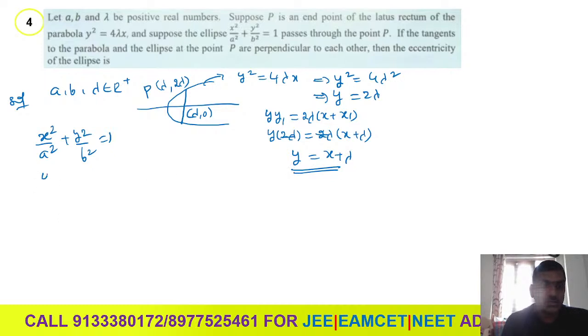And the tangent to the ellipse in slope form is y equals mx plus under root of a square m square plus b square.